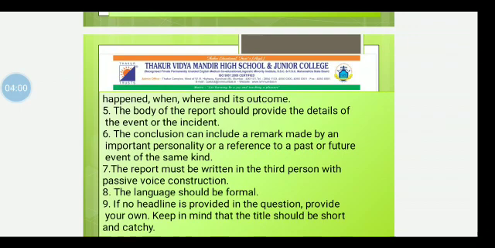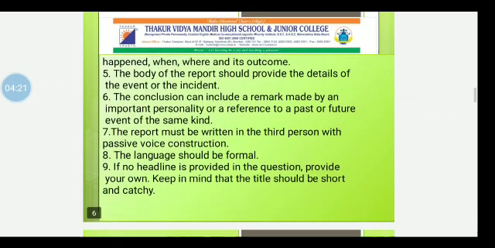Okay, so these are some things that you need to ponder on. Let's go now to the fifth point. The body of the report should provide the details of the event or the incident. Here you need to write the main details at length, in detail.